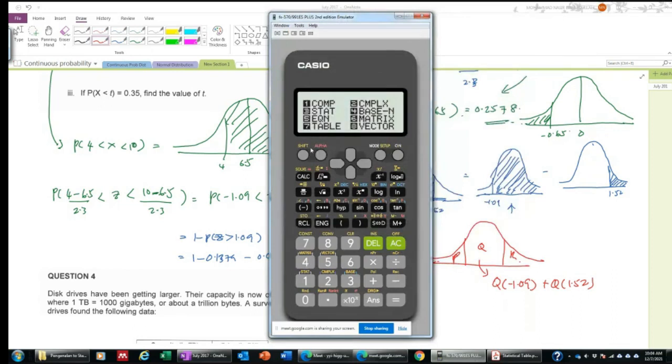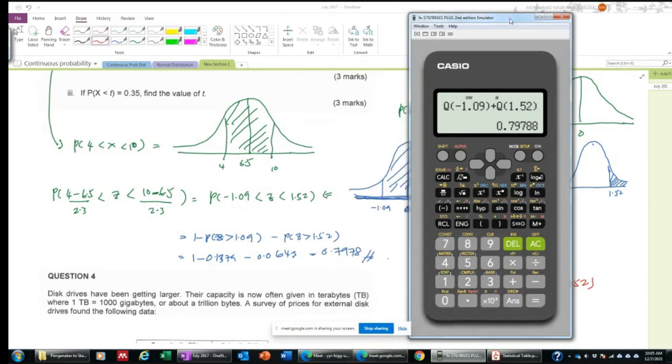Make sure you are in the statistics section, so make sure it shows statistics at the top. Then shift 1, find distribution, 5, Q number 2, negative 1.09 plus 5 Q 1.52. So we should get the same answer, right? Okay.